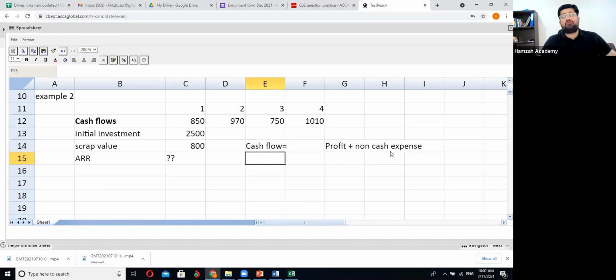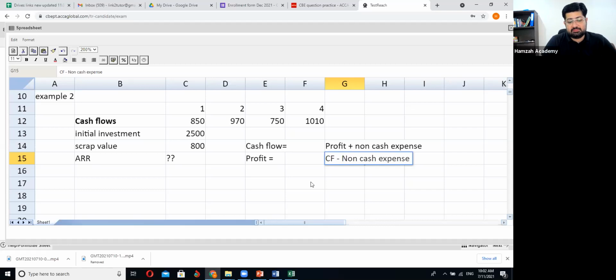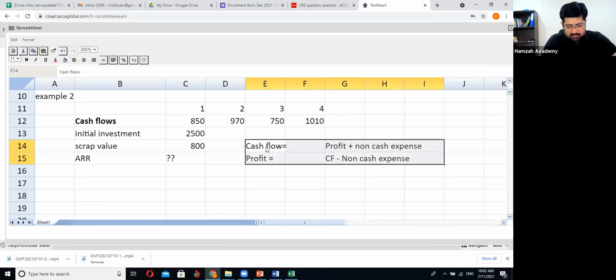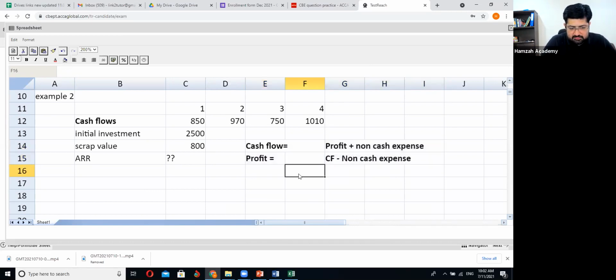So cash flow is equal to profit plus non-cash expense. So now we need profit. Then how to calculate? Cash flow minus non-cash expense, such as depreciation. Just rearrange this equation. Is it clear to everyone? This point is clear to everyone? Tell me. This relationship.